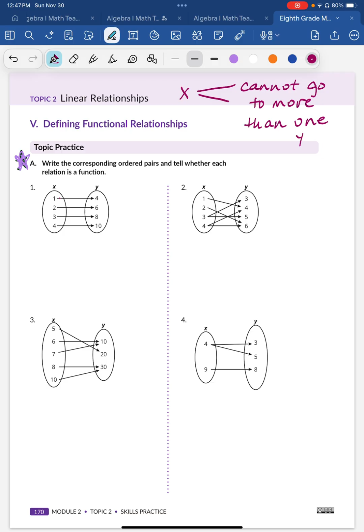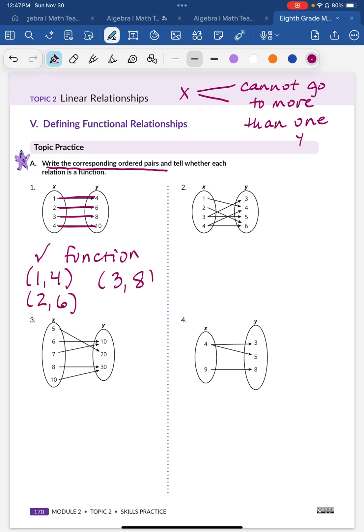So we have an x to a y, an x to a y, an x to a y, an x to a y. So yes, that's a function. So if we were to write the ordered pairs, it would look like 1, 4, 2, 6, 3, 8, 4, 10.